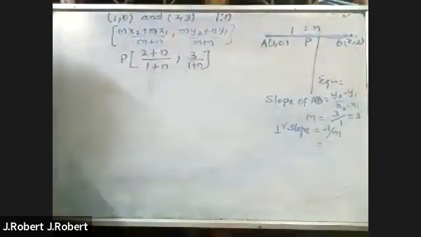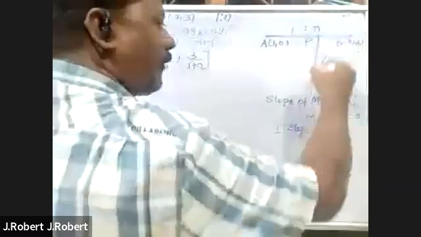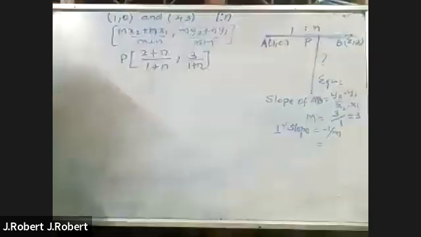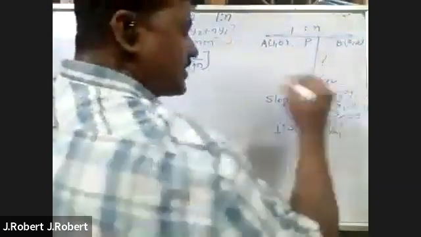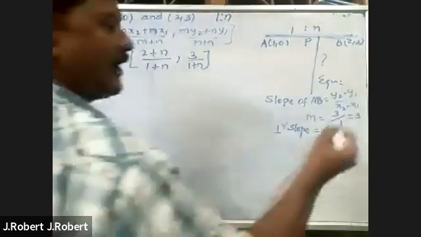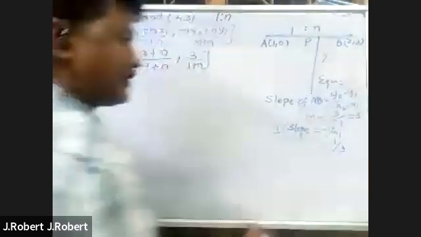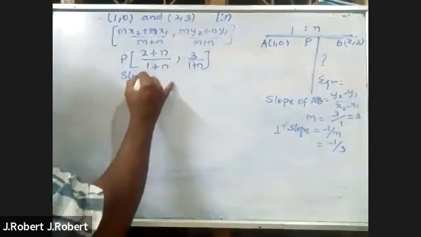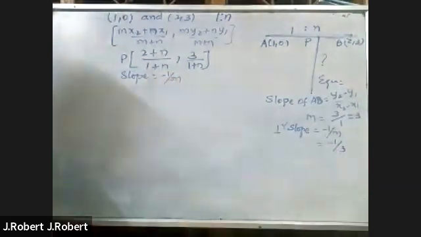So the perpendicular slope is minus 1 by 3. This is your new slope.